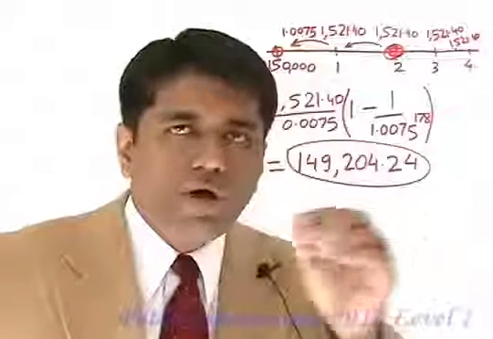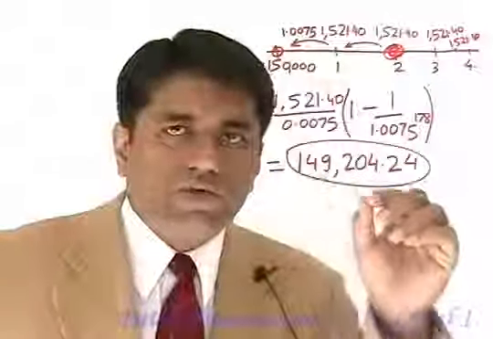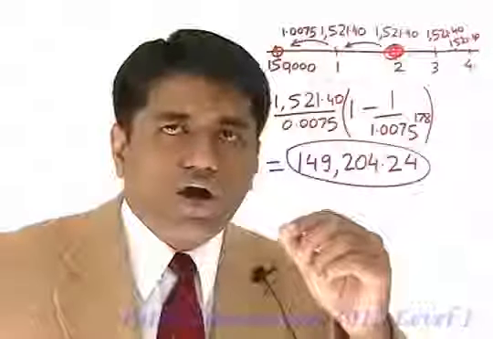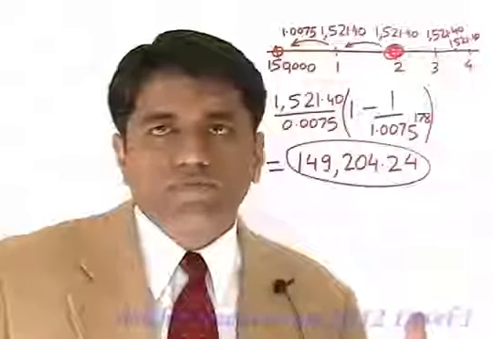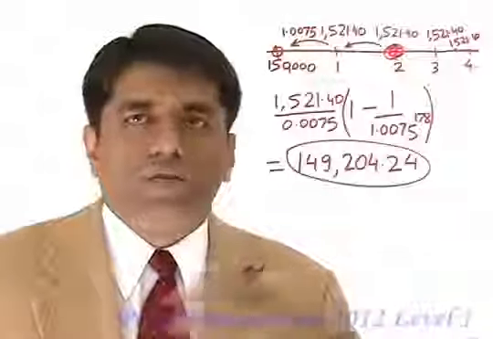When you move money ahead in time by a factor of 1.0075, or you move it back in time by a factor of 1.0075, you can approach it either way. Rate of growth or rate of discount, same answer.